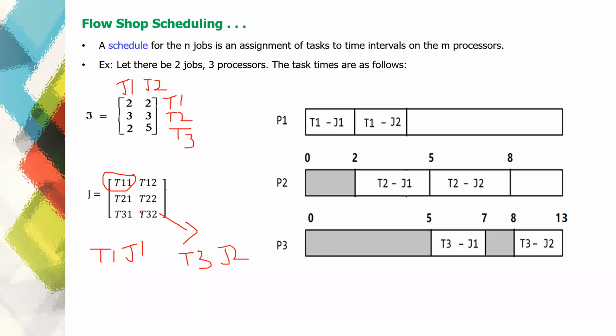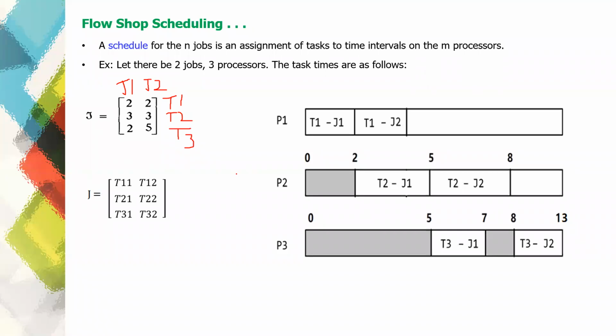Now, taking this information, I'll have to schedule. I can come up with different types of schedules, but the challenge is to generate an optimal schedule. So for that, I'll give you 2 possible schedules because there are only 2 jobs to be executed.